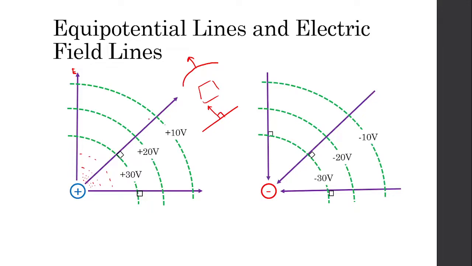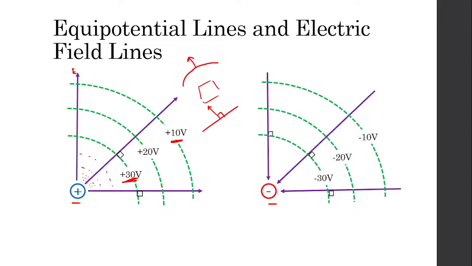And lastly, the electric field will always be pointing from higher potential to lower potential, even if it is negative or positive. The reason for that is if this is positive, the voltage, or basically the potential, gets bigger the closer you are to the positive charge.